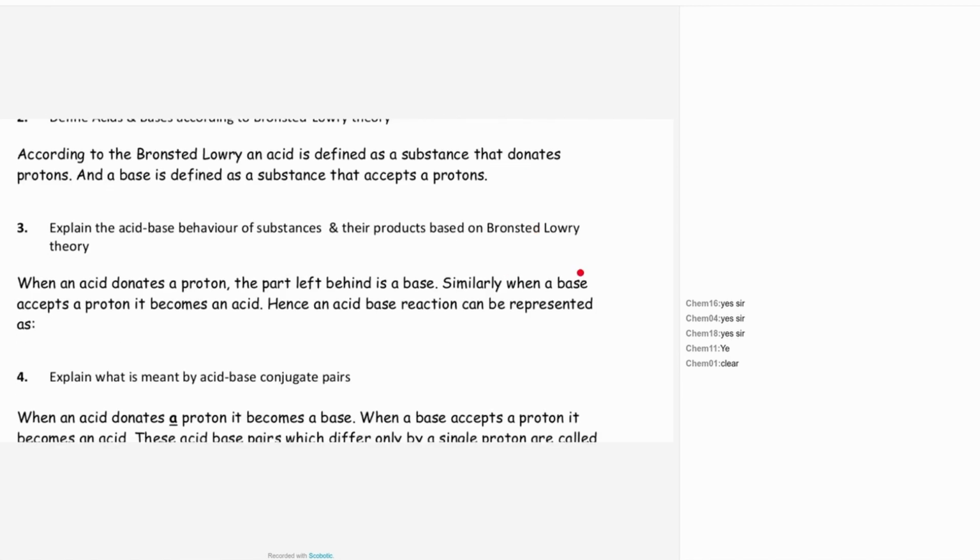Now, as for the acid-base behavior of substances, when an acid donates a proton, for example, I'll take ethanoic acid. Why do we call ethanoic acid an acid? Because in aqueous media, it donates protons and forms the ethanoate ion and H+ ions. The ethanoate ion is especially unstable, so it accepts H+ ions and forms the acid again, right?